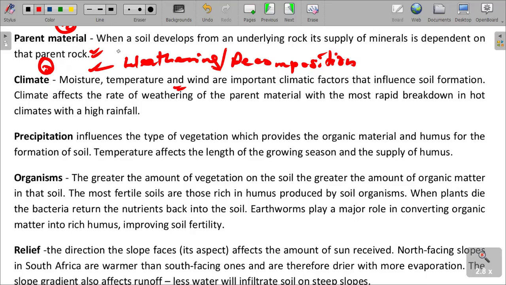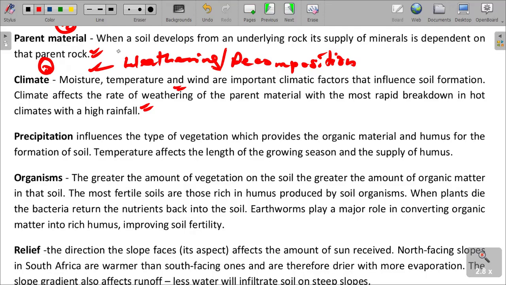The most rapid breakdown is in hot climates which have high rainfall. So climate affects the temperature, it affects the rainfall, and it defines the length of moisture accumulation, which at the same time affects the rate at which soil is forming. In climates with high rainfall and high temperatures, decomposition is very high and we tend to have fertile soils.